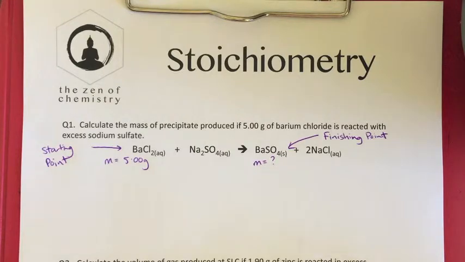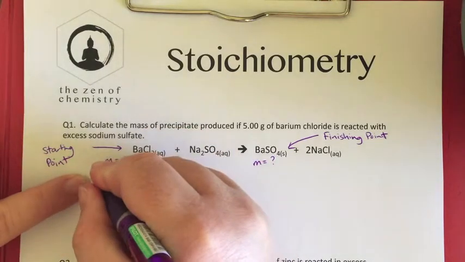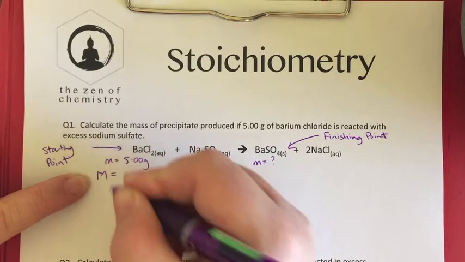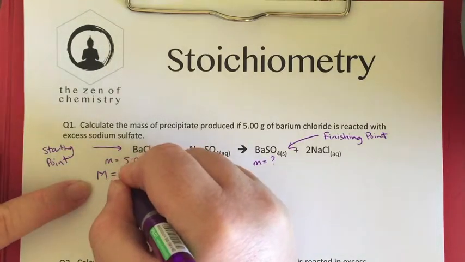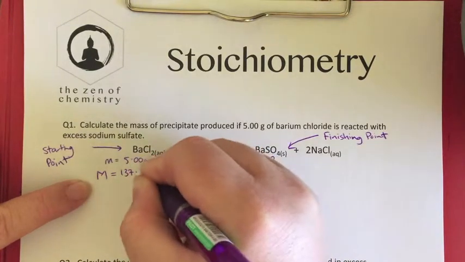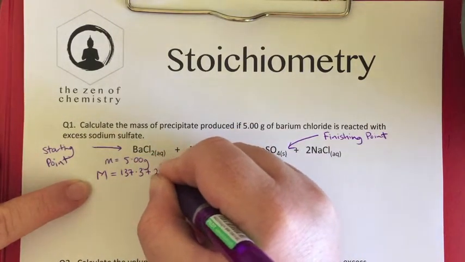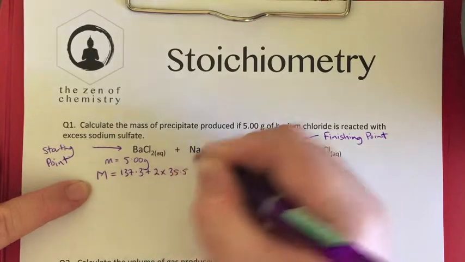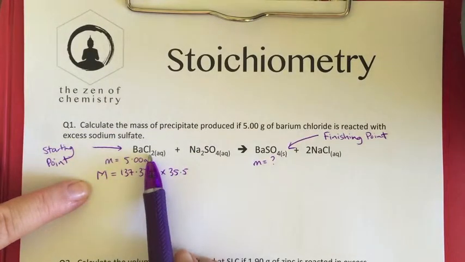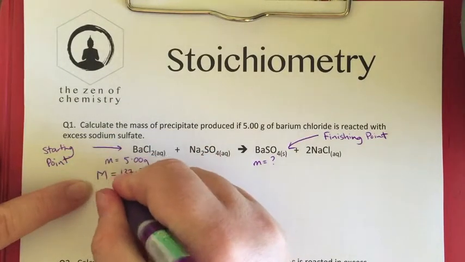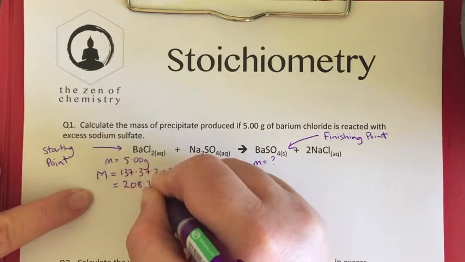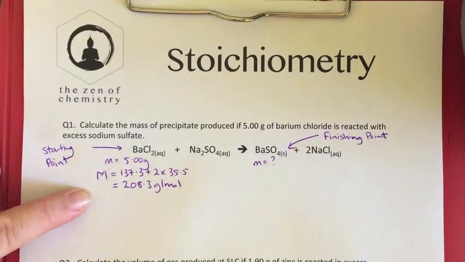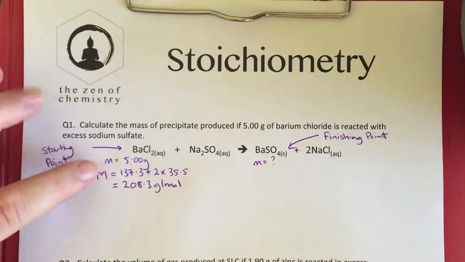So if we calculate our molar mass of barium chloride, capital M, we've got our molar mass of barium, which is 137.3 plus 2 times 35.5. 35.5 is our molar mass of chlorine. So if we calculate that out, we get 208.3 grams per mole.